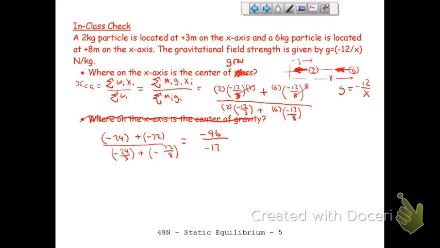That makes sense? 8 eighths are 64, and 9 eighths are 72, so that's 8 and -9, so -17. So that equals -96 over 17. So 96 divided by 17 equals 5.6.